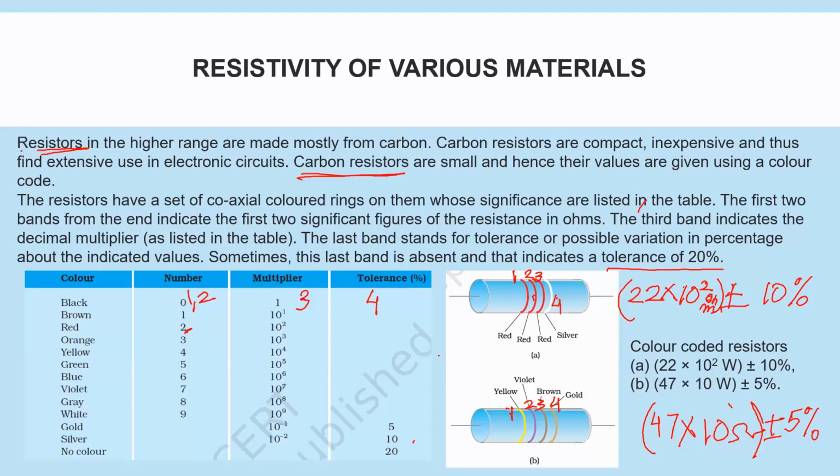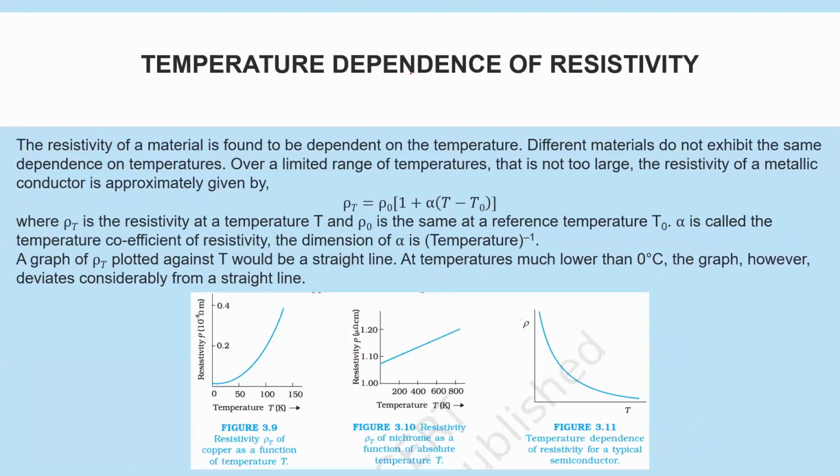Now, since resistivity is a physical property of the materials being used, there are some factors which can make it vary. We have already seen how the resistance and the resistivity can vary with respect to the length and the cross-sectional area of the resistors. Another factor that we are going to see is the temperature dependence.